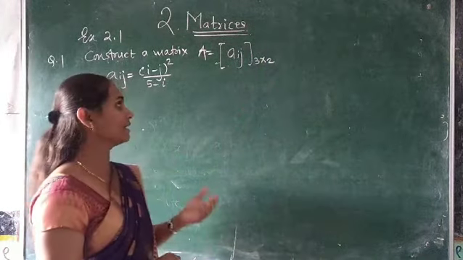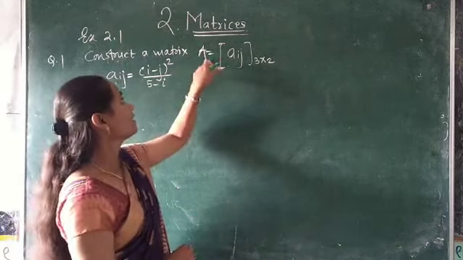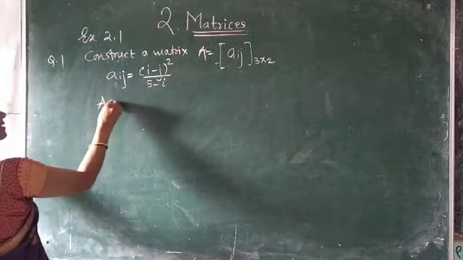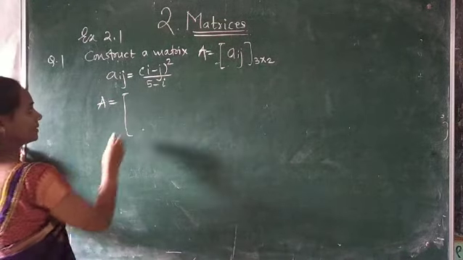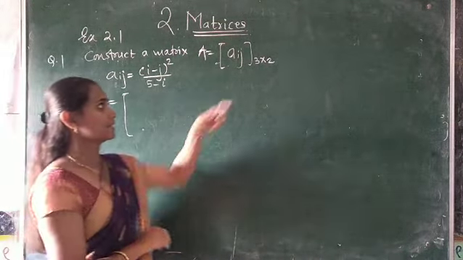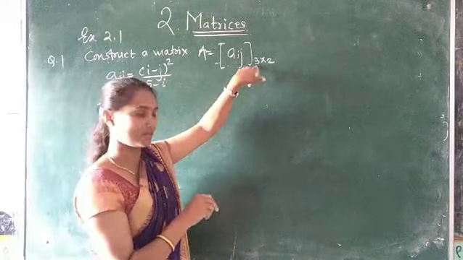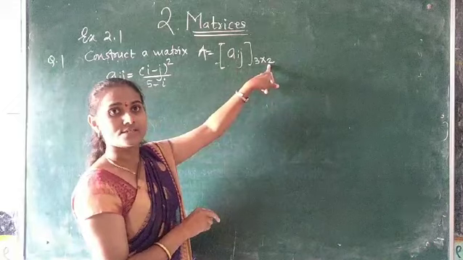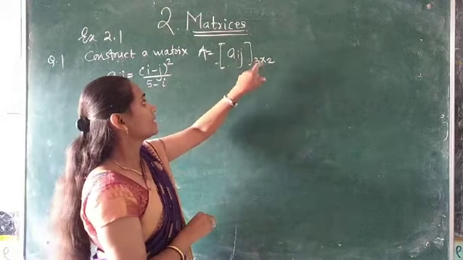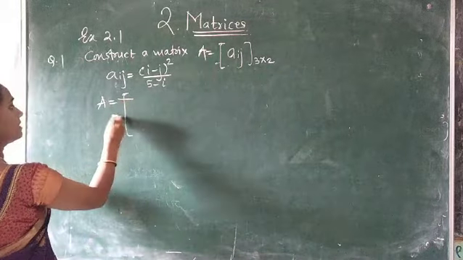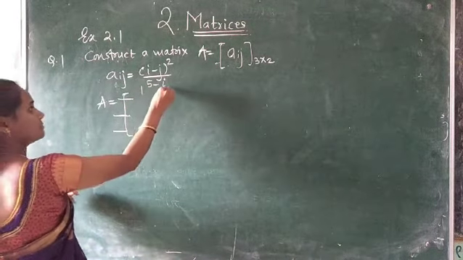So first we write the matrix A of order 3 by 2. That means this matrix has 3 rows and 2 columns. The first number indicates rows and the second indicates columns. So the rows are 1, 2 and 3, and the columns are 2.